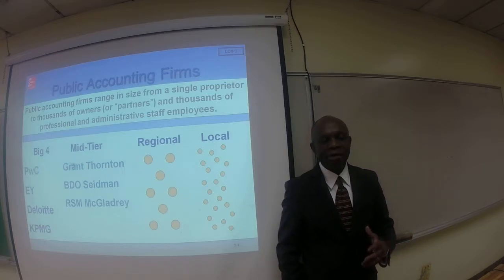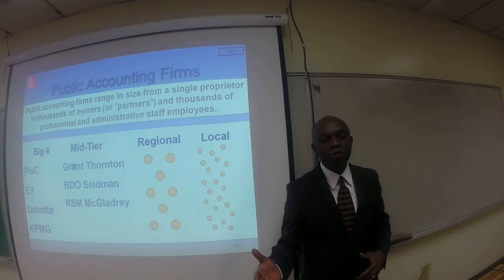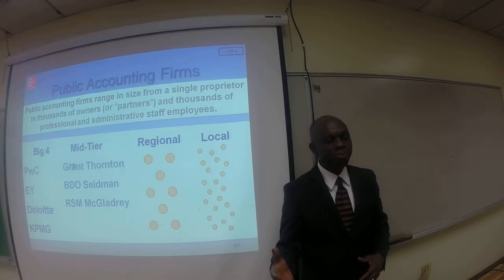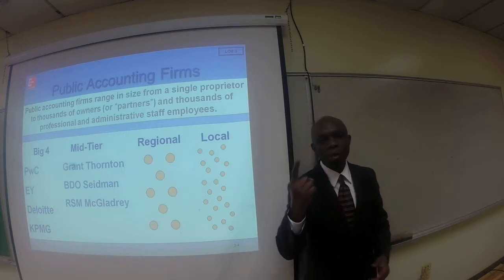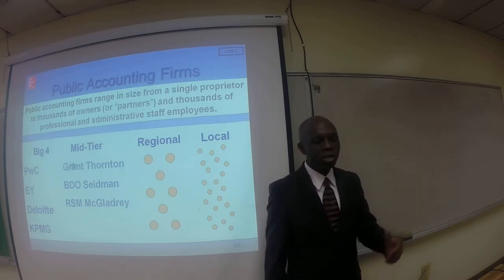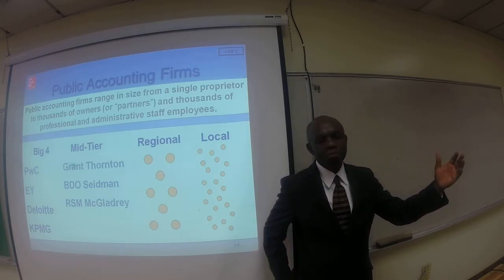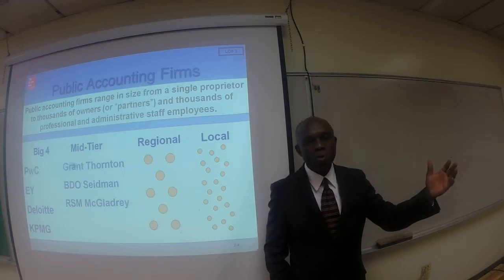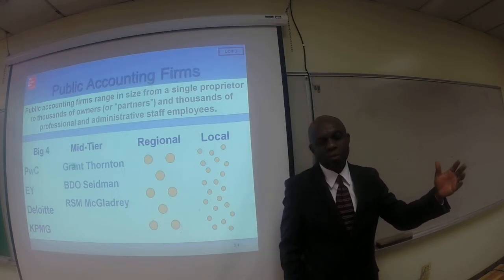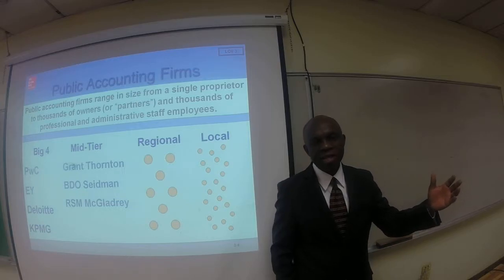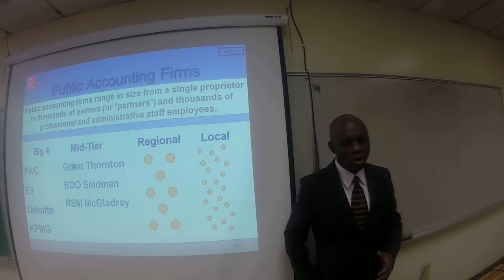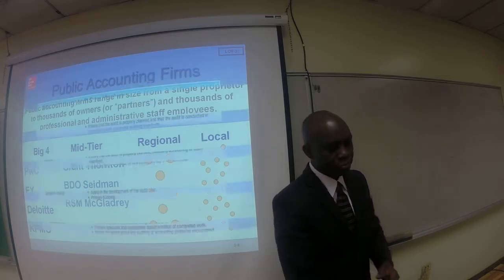Big 4, mid-tier, regional, local. So from very local, a sole practitioner CPA firm with only 1 or 2 employees, to the Big Four. Most of the Big Four have operations all over the world, and they have tens of thousands of employees.